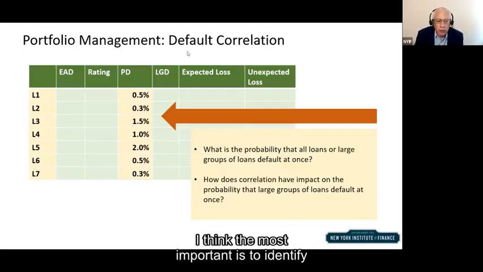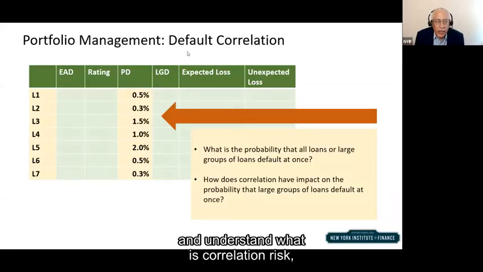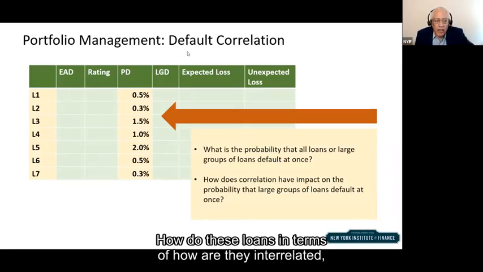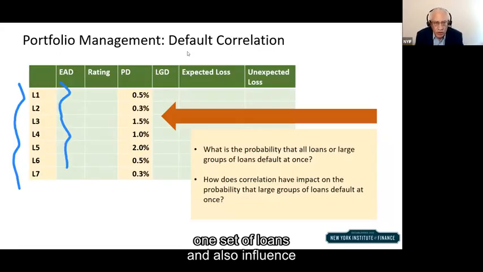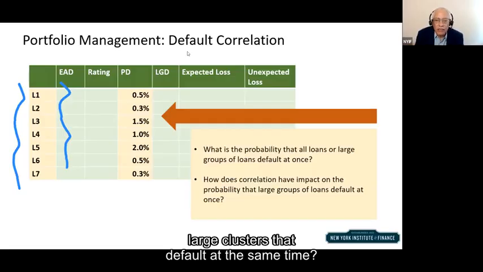I think the most important is to identify and understand what correlation risk is. We more specifically call it default correlation. How are these loans interrelated? And so are there factors that influence one set of loans and also influence a second set, which will contribute to large clusters that default at the same time?